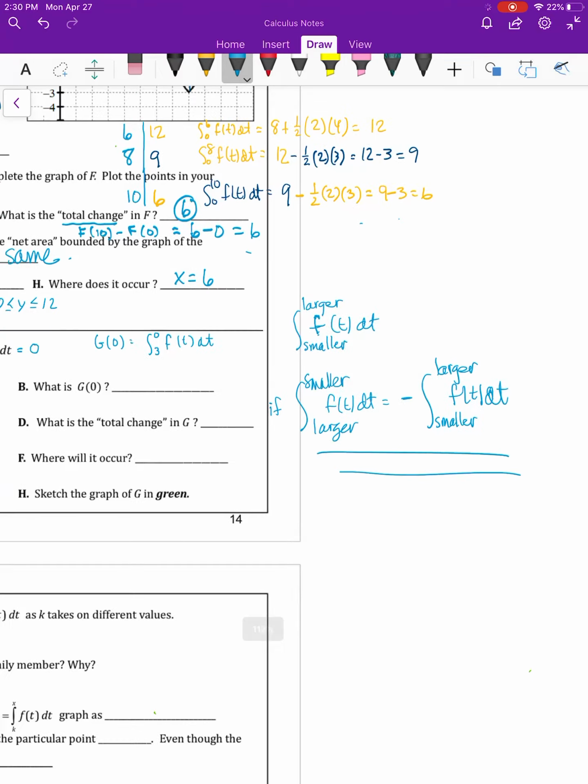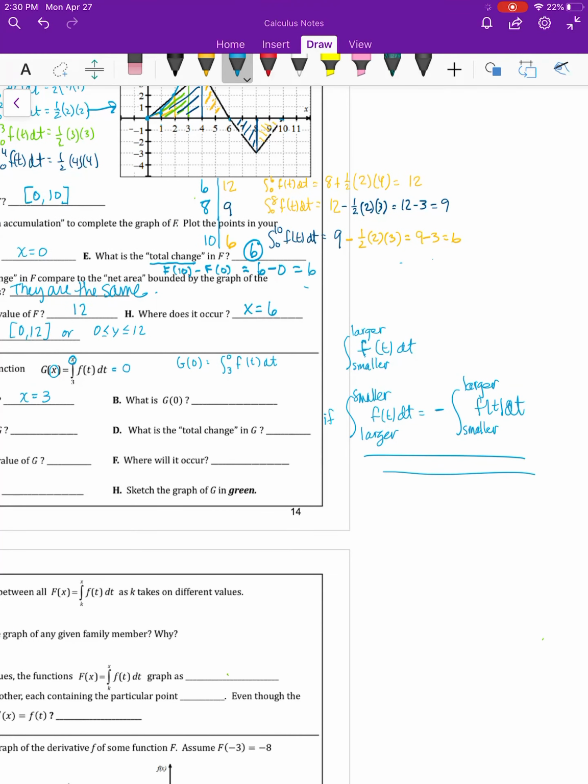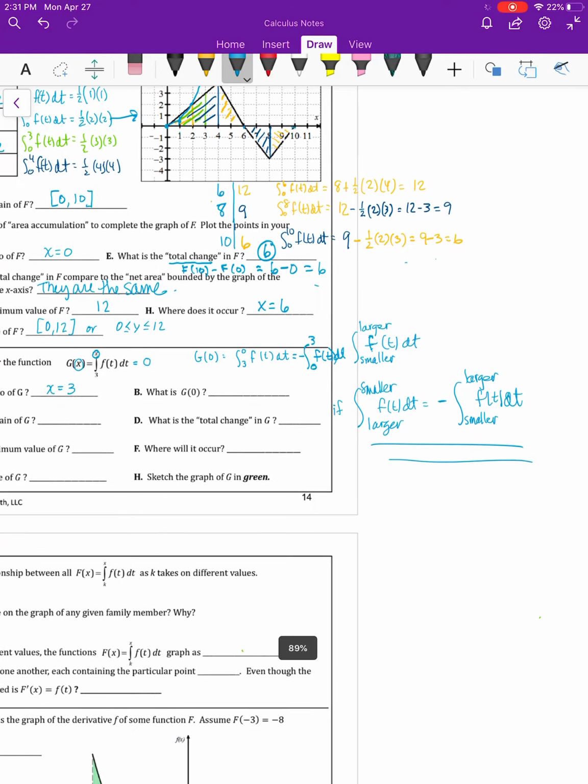So please remember that, because when I'm going to solve this g of 0, I would have to make it the negative of the integral from 0 to 3 of f of t dt.